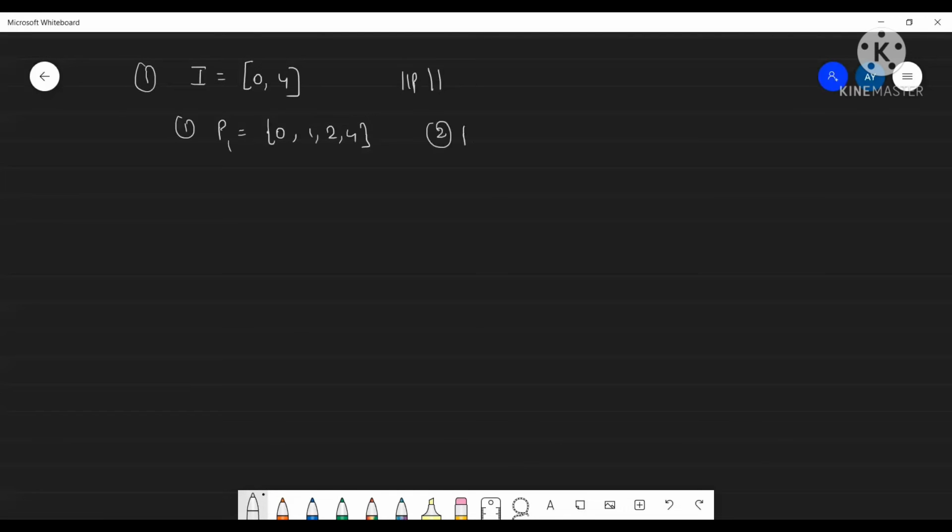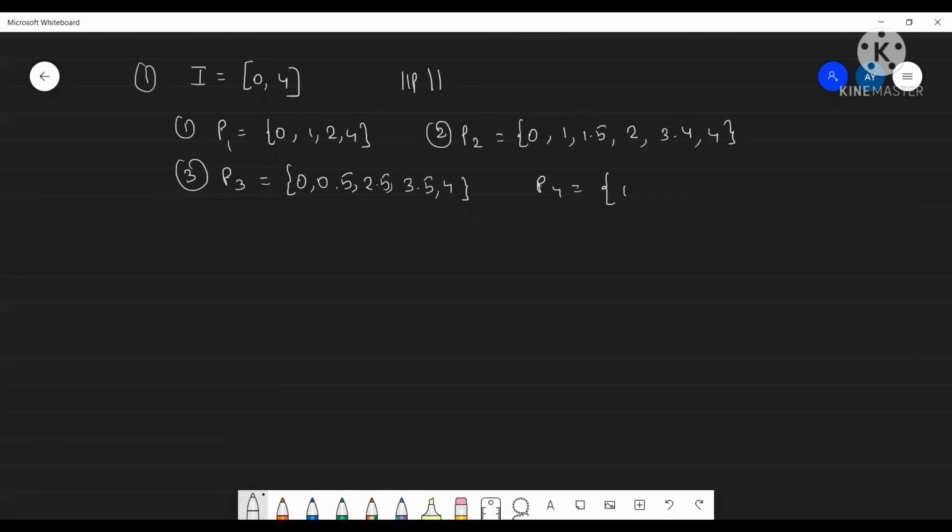The second is P2 equals 0, 1, 1.5, 2, 3.4 and 4. The third is P3 equals 0, 0.5, 2.5, 3.5 and 4. And P4 equals 0, 2, 3, 4. I'll just do the first question, and the next three you try by yourself and let me know what answer you got.